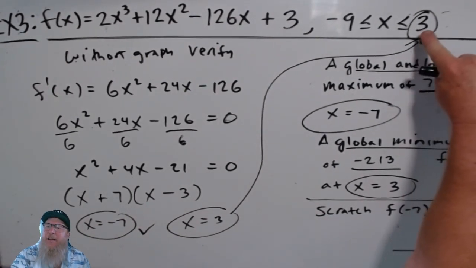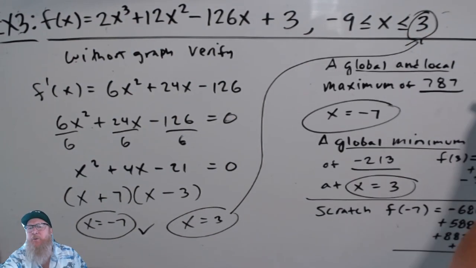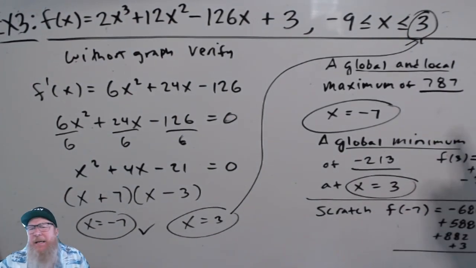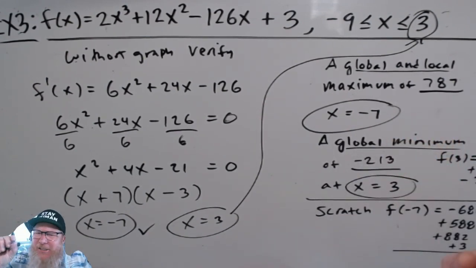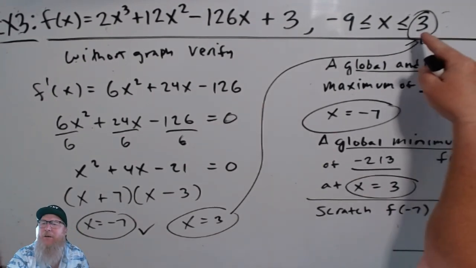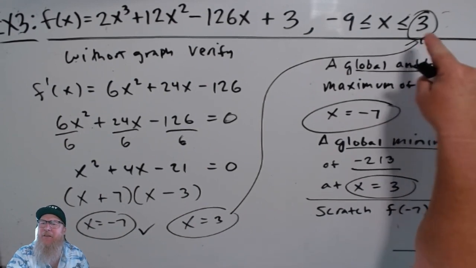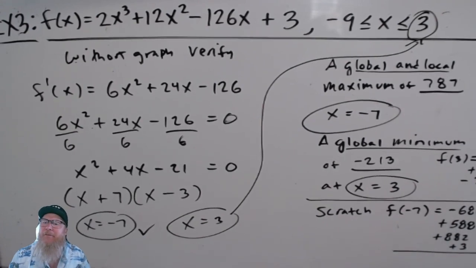However, if it was not an endpoint, so if the restricted interval went past 3, even if it only went to like 3.1 or 3.5, or just any infinitesimal fractional amount past 3, then 3 would be part of the differentiable domain, or the domain of the derivative.